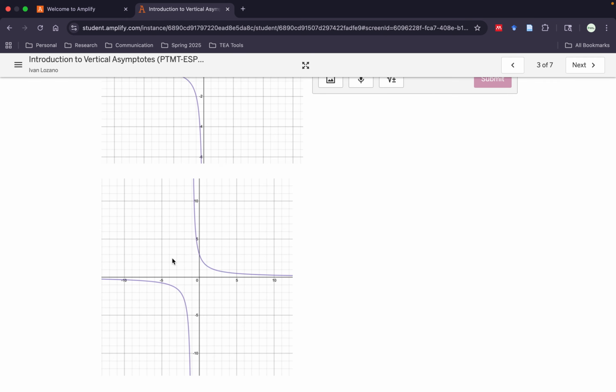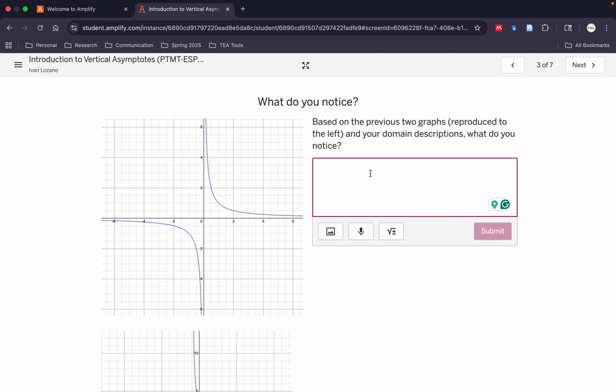If you're a kid and you eyeball this, you'll think that this is wider than just one number, the space between this and this, unless you zoom out a lot. Based on the previous two graphs, reproduce to the left and your domain descriptions. What do you notice? Whatever number makes the denominator 0 makes the graph go in different directions.